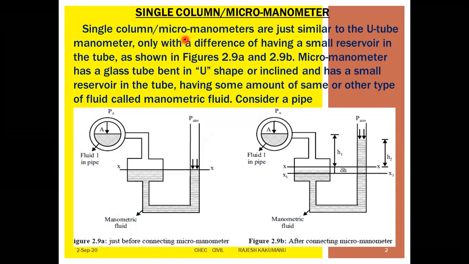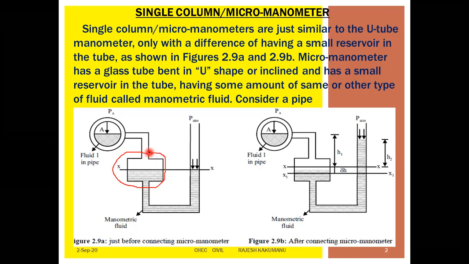If you see a single column micromanometer, it is simply a type of manometer similar to the U-tube manometer we discussed in the last class. The only difference is a small reservoir kept at this position.